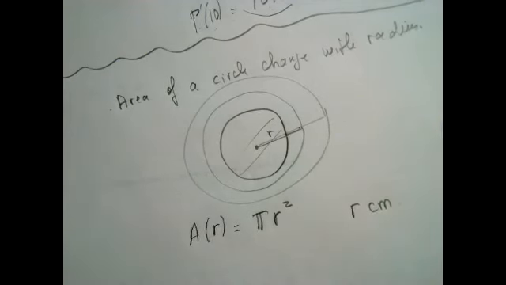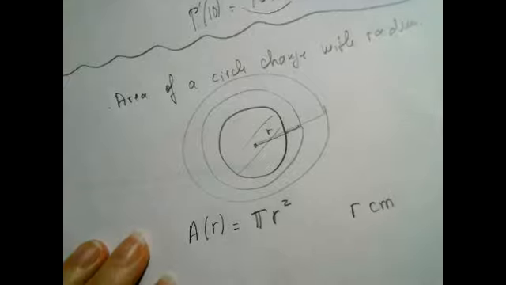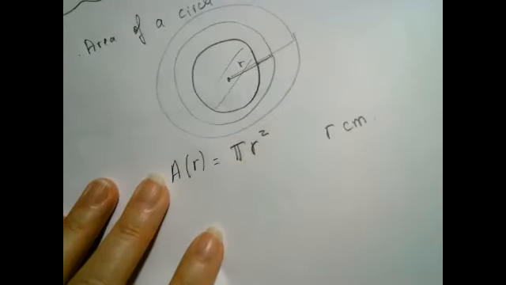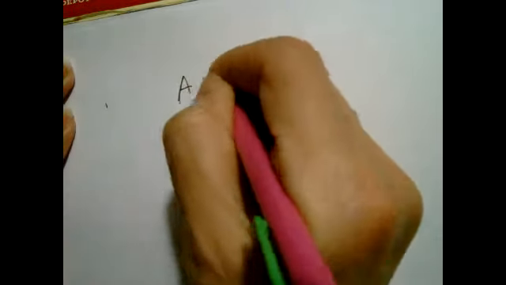All right. So my first question to you is the following. So we're going to take another piece of paper. Okay. So question number 1: the area is pi r squared.